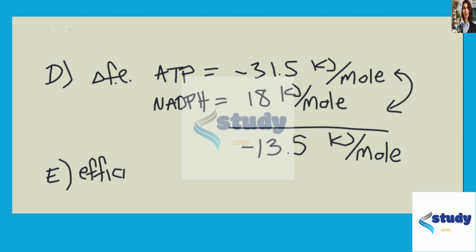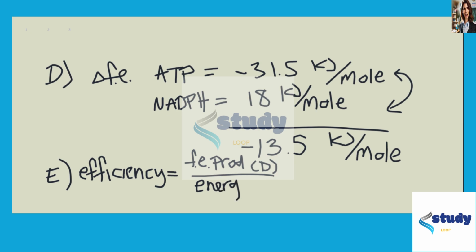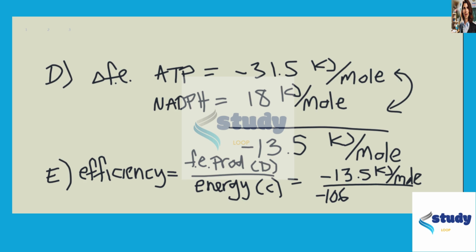So the energy efficiency is going to be equal to the free energy produced, which we found in part D, divided by our energy input, which is the energy from part C. And so we put these together, so we get negative 13.5 kilojoules per mole divided by the negative 106 kilojoules per electron.